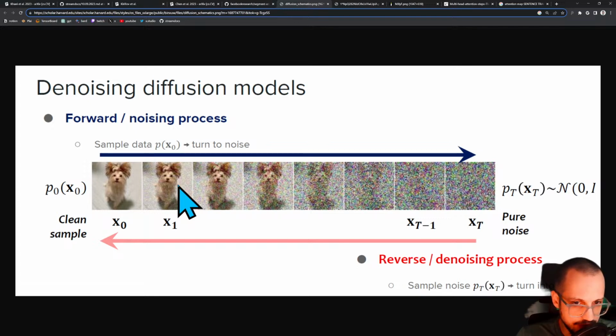This isn't like a generative adversarial network where you can generate an image instantly. Diffusion models require multiple time steps of noise removal, right? So here you can see there are T total time steps, and you're removing more and more noise. And the amount of noise that you add and remove is time dependent.